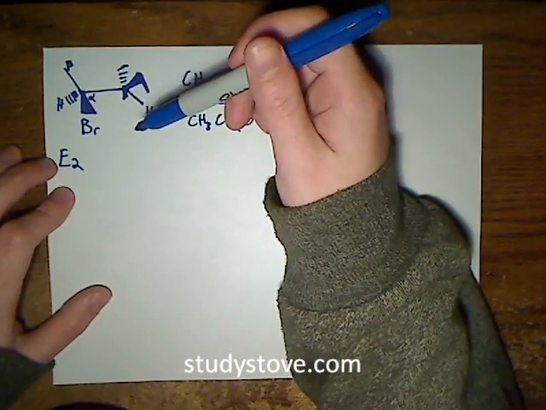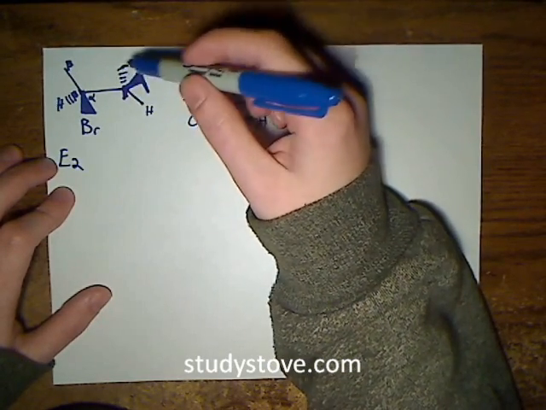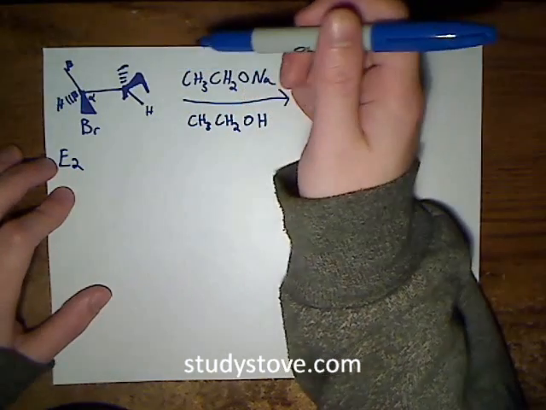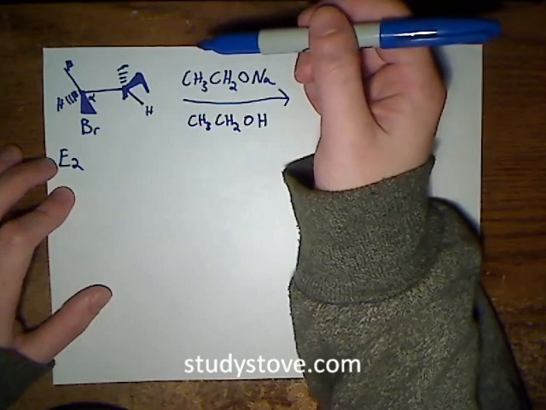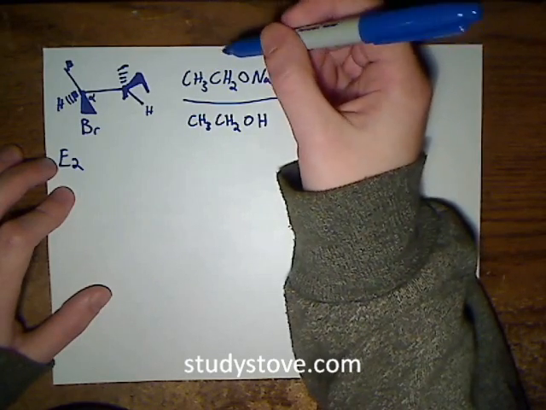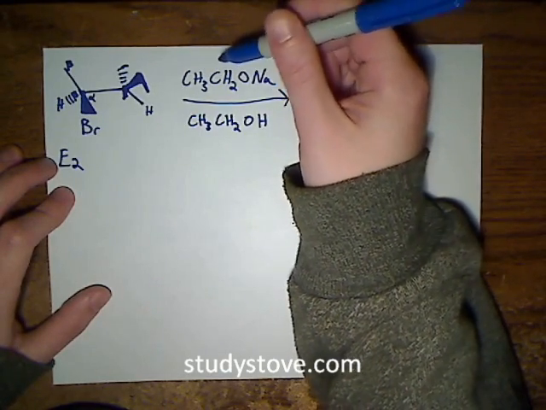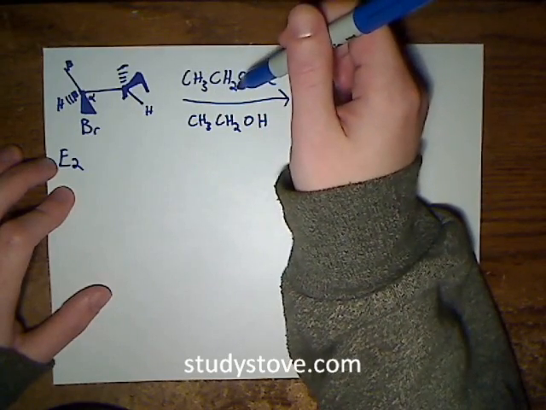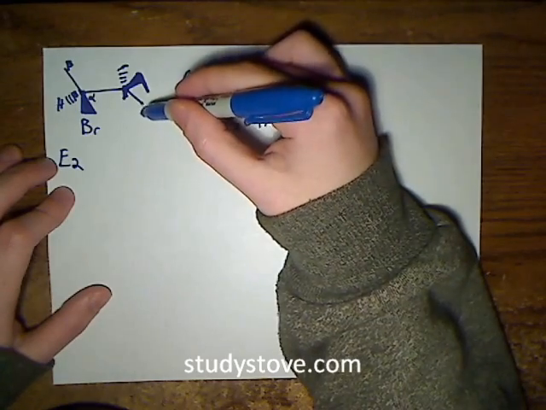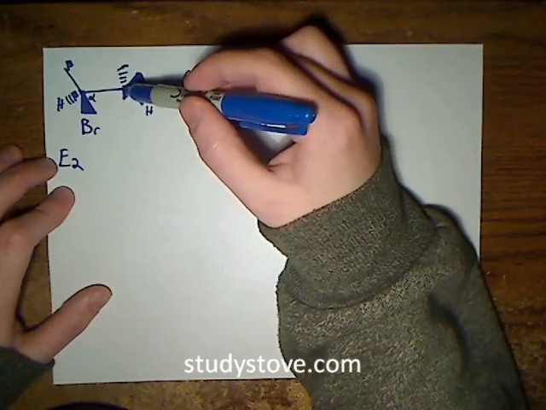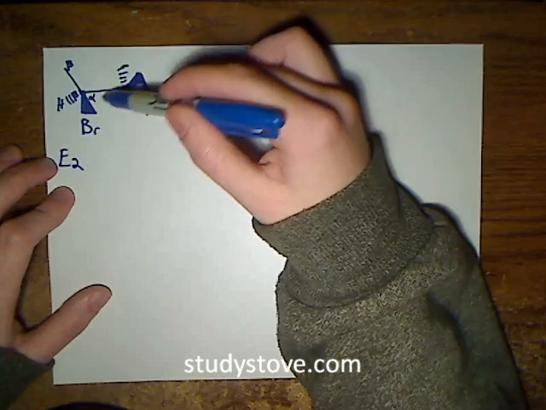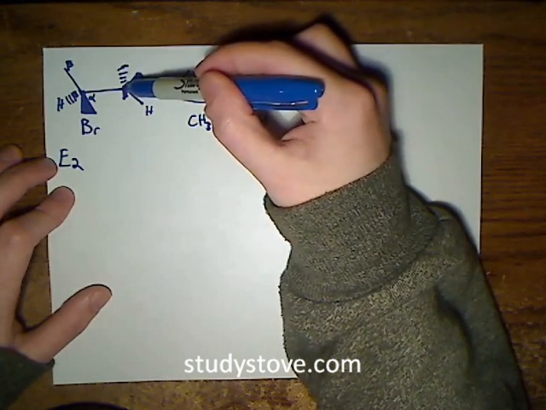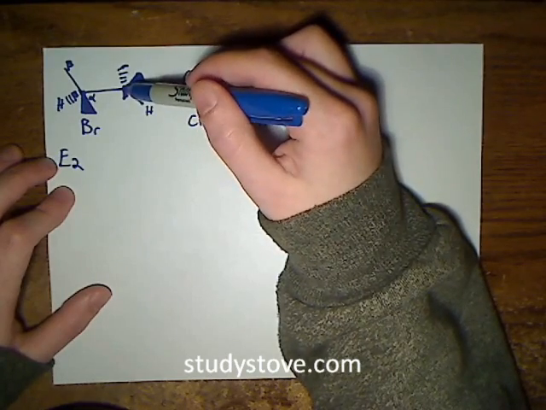Since that gives us different products, it's important to figure out which hydrogen we're going to be reacting with. The way to figure that out is to go by what's called Zaitsev's rule, which basically says that if you don't have a bulky base, which we don't, then you react with the hydrogen that will give you the more substituted double bond as a product, and that's going to be this beta carbon for this molecule.